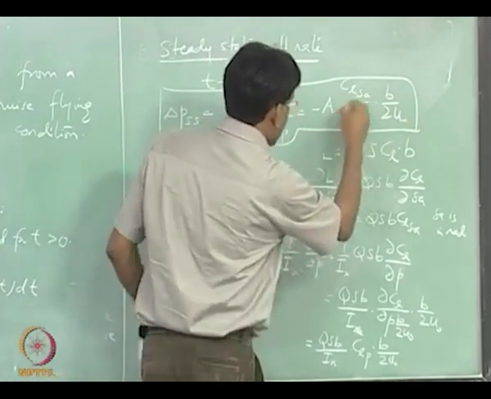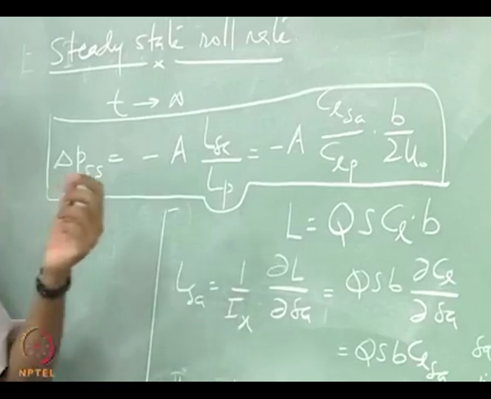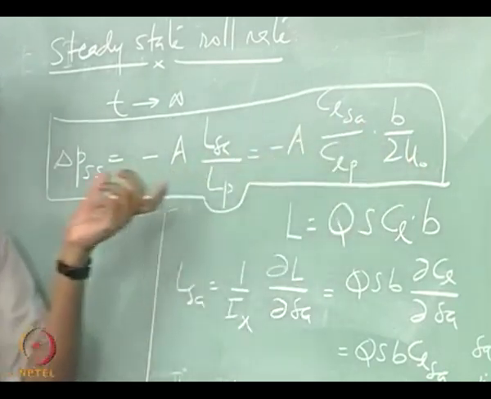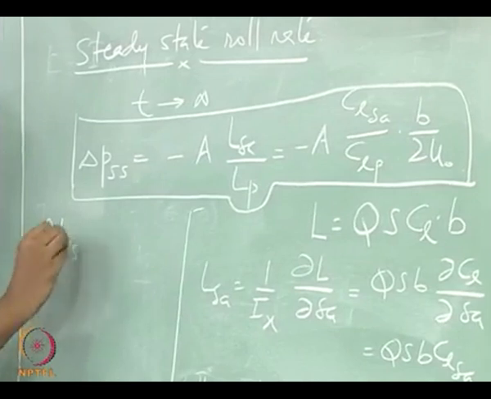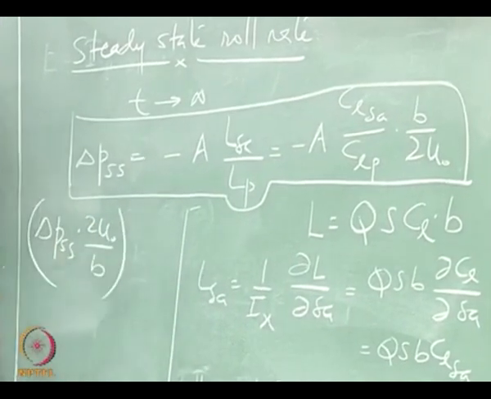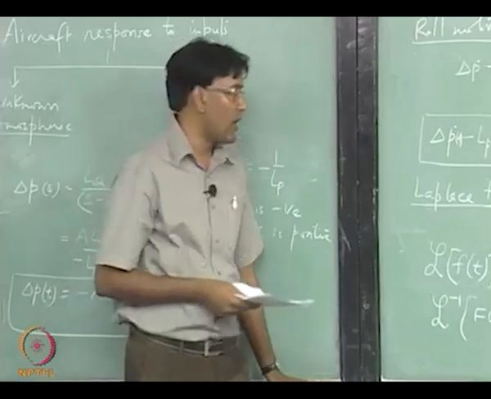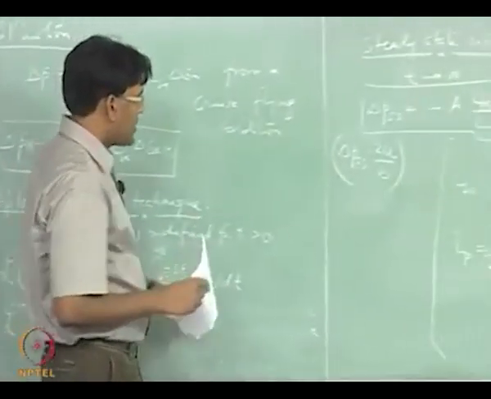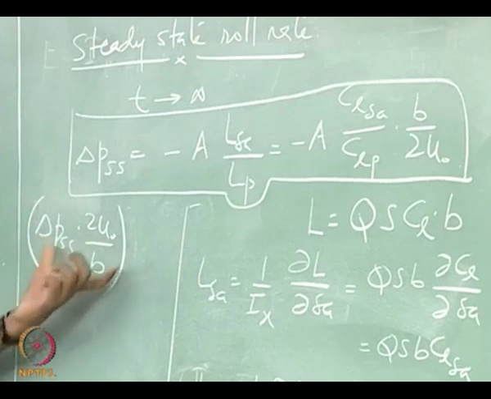And many times you will size your aileron based on delta P SS into 2 U naught over B. So, aileron is supposed to give you roll rate, and you will size your aileron by looking at this parameter.